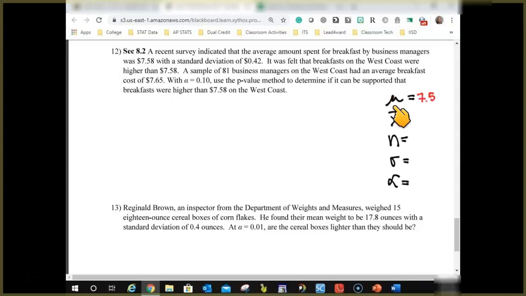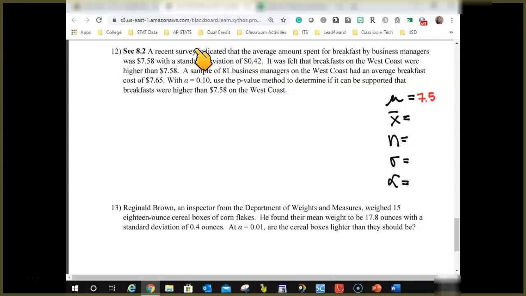We want to make sure we can identify these 5 things, and I've already pre-written sigma because it tells us in the problem that we have the population standard deviation. So in this first sentence, a recent survey indicated that the average amount of breakfast for business managers was $7.58. Well, that's the population value with a standard deviation of 42 cents.